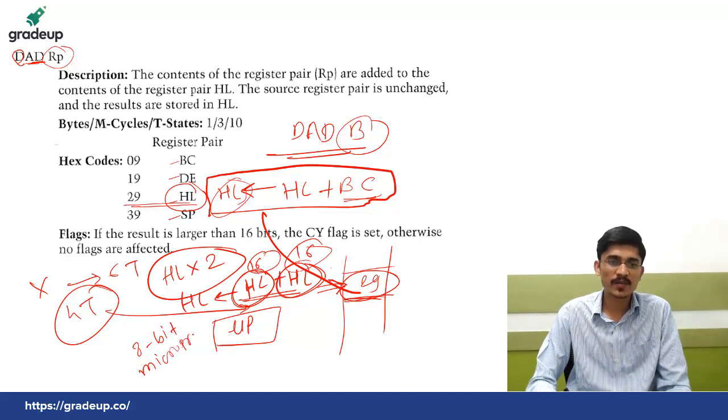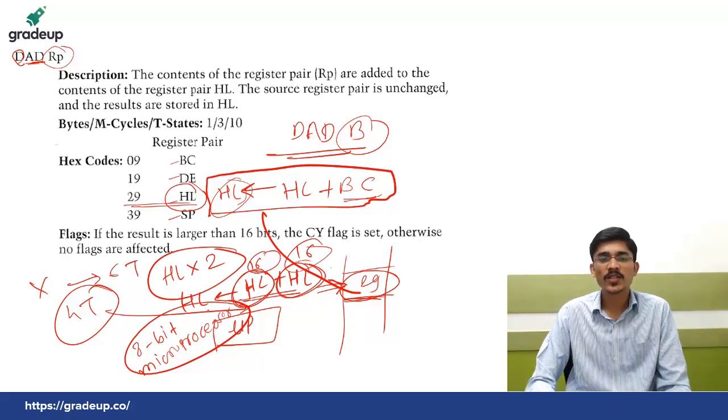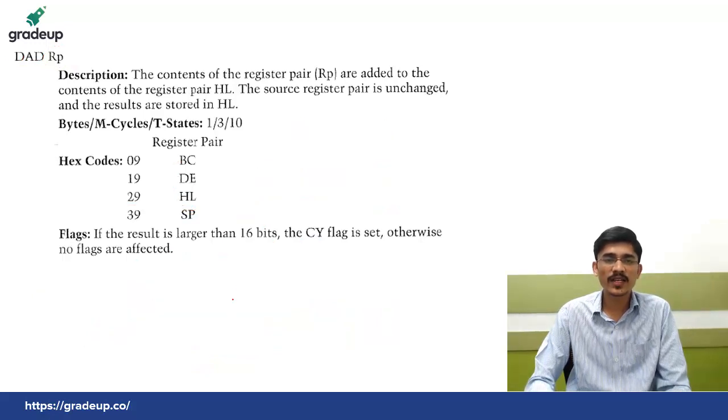In the last lecture I explained why this microprocessor is called an 8-bit microprocessor. It cannot do 16-bit addition that easily, so it requires 6 more T states.